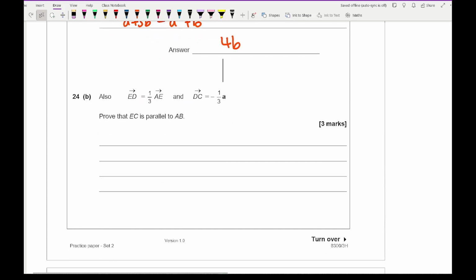Then for the next part, it says that also ED equals a third of AE and DC equals minus a third a. Prove that EC is parallel to AB. Now in terms of proving whether lines are parallel, basically what you want to show is that EC and AB are a factor or multiple of each other.